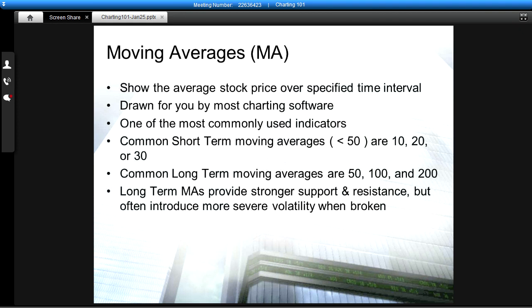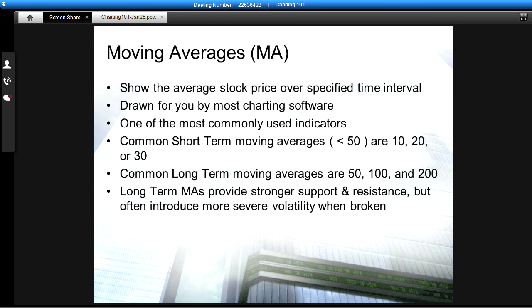So each point is referenced on the day's data. But if you're a day trader and you're trading 5-minute bars, your data is then going to adjust based on the 5-minute bar. This is drawn for you by most charting softwares, so you just plug in your parameters and it'll actually draw the moving average on the chart for you.